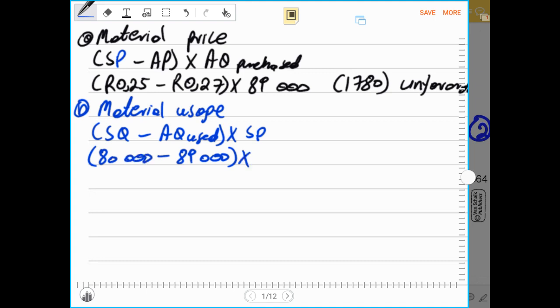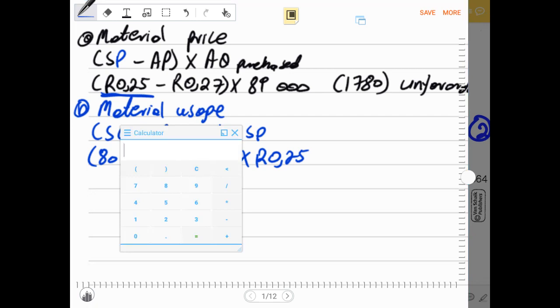Then we times that by the standard price, which we know is 25 cents, 0.25, the same 25 cents that we used previously. That was our standard price of material per kg.